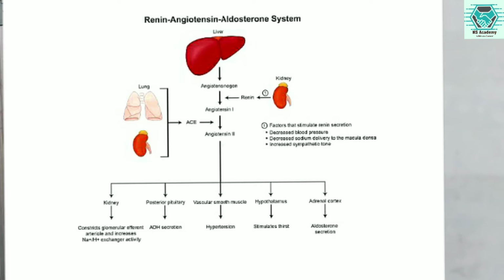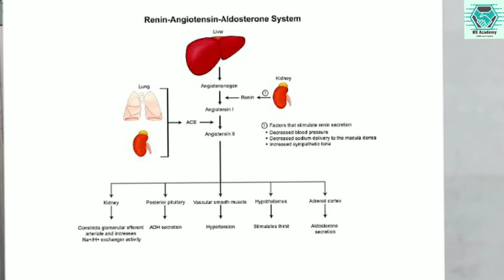Its action on the kidney is that it constricts the glomerular efferent arteriole and increases Na plus H plus exchanger activity. In the glomerulus there are afferent and efferent arterioles, and it constricts the efferent arteriole. In the posterior pituitary, it helps in the secretion of ADH, that is vasopressin.